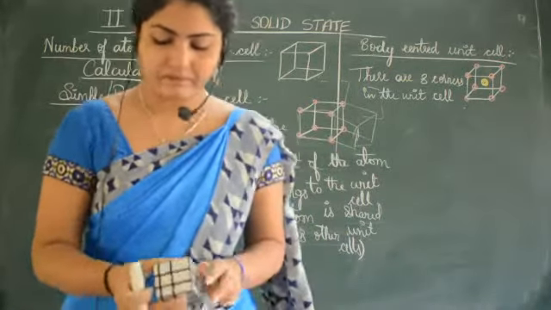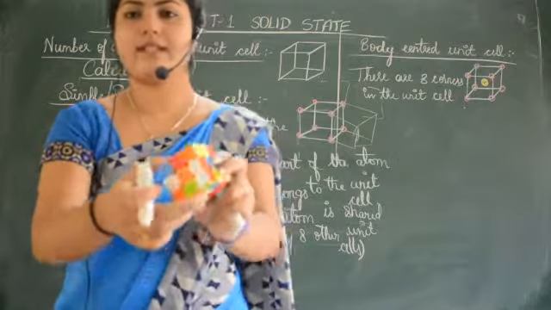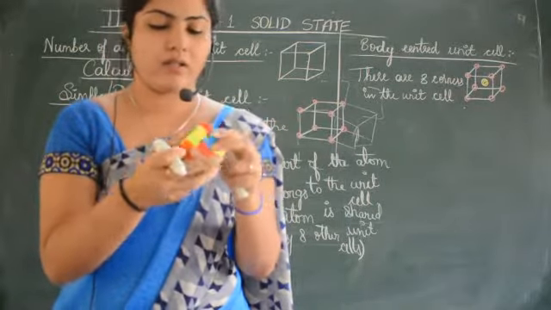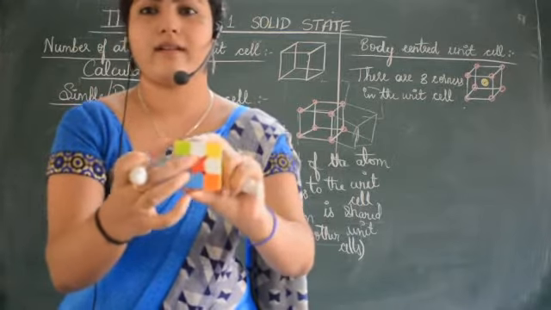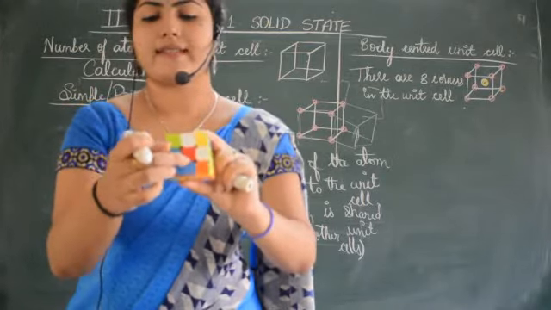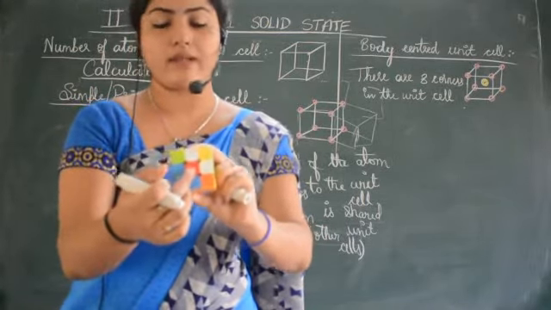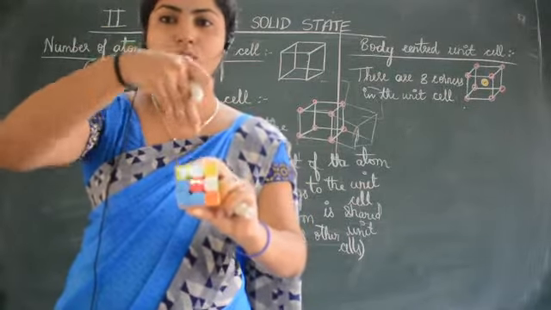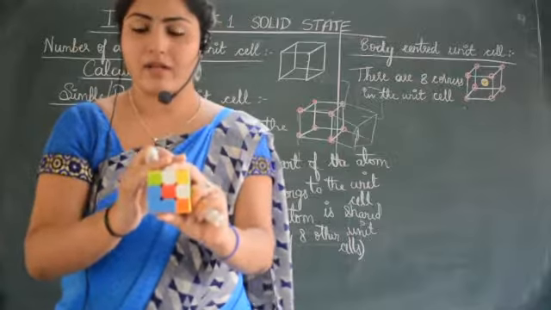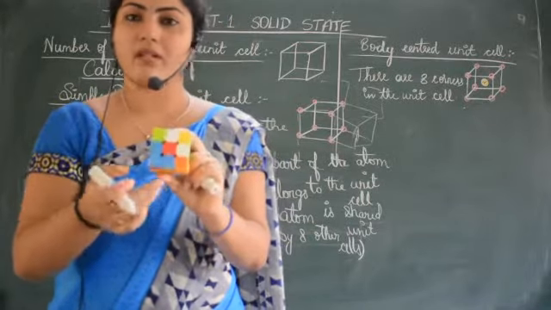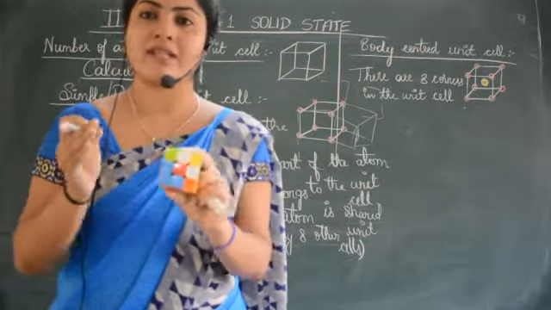See, if this is a unit cell, you can see a red color here, isn't it? Not this one. Inside this, exactly at the center of the body, there is one atom. So 8 atoms at the corner and 1 atom at the center.